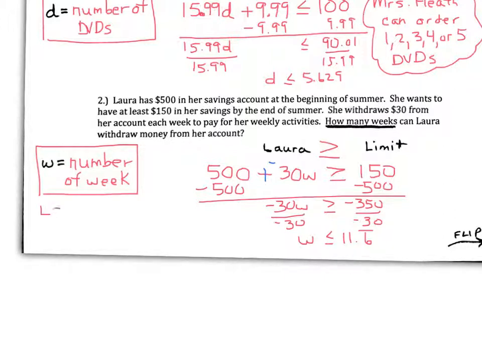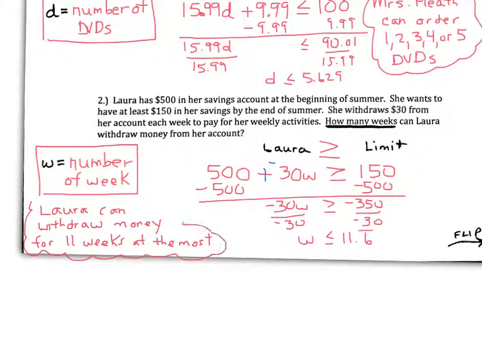Laura can withdraw money. She can withdraw money for 11 weeks at the most. If she goes over that into the 12th week, she'll be taking out too much money and dipping into her savings too far.